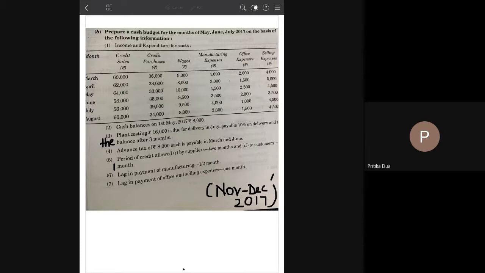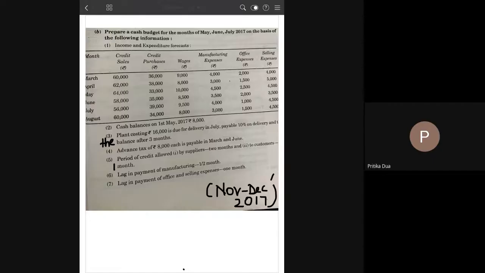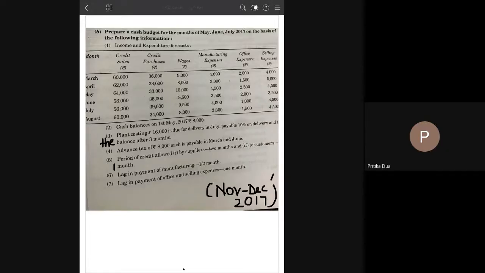And this is a scoring question in your paper. So you get at least one practical from budgeting, and that is either from cash budget or fixed and flexible budget. So I would want that you should be clear with all the points so that you don't lose marks in this question.